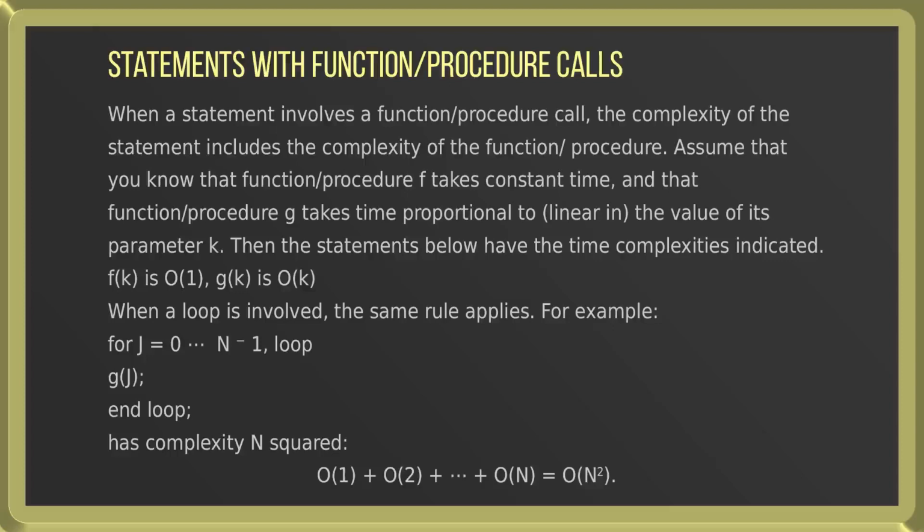When a loop is involved, the same rule applies. For example, for j equal to 0 up to n minus 1, loop g(j), end loop, has complexity n squared: O(1) plus O(2) plus ... plus O(n), which is O(n squared).